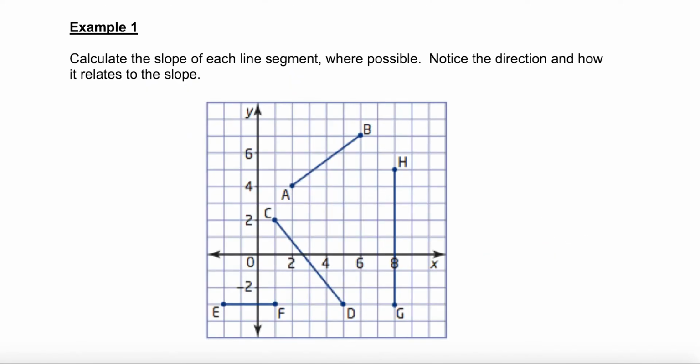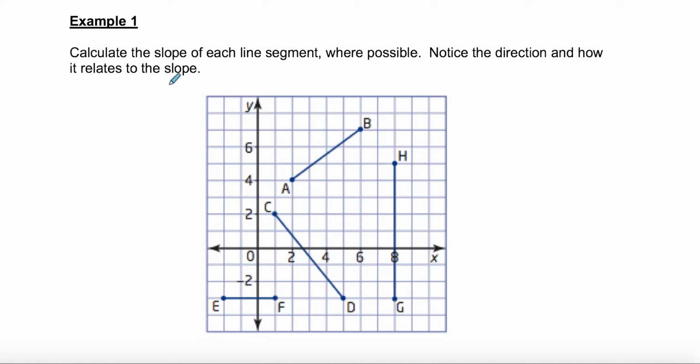So example 1. Calculate the slope of each line segment where possible. Notice the direction and how it relates to the slope. So when you just see a line segment on a graph, a typical thing we would do from A to B is draw in the right triangle underneath. And then I would count. This has a rise of 3 and a run of 4.